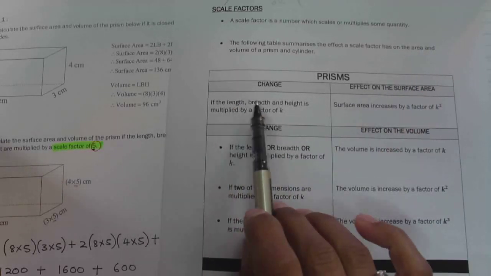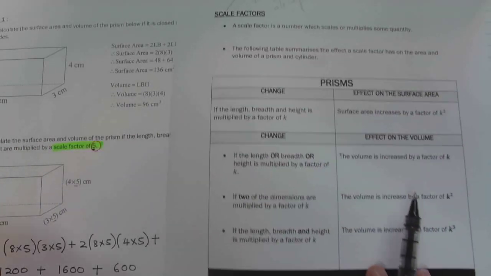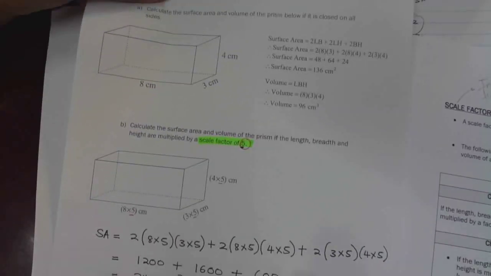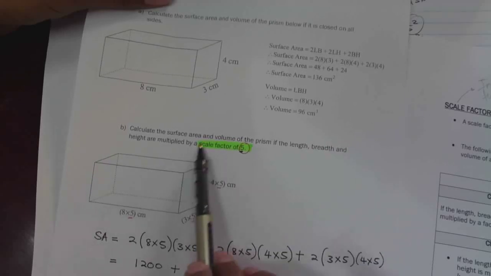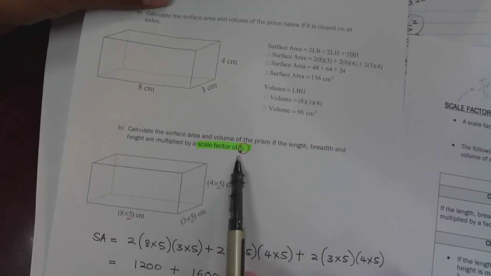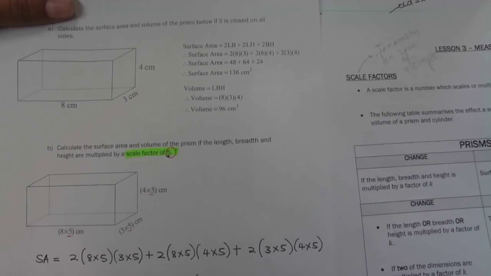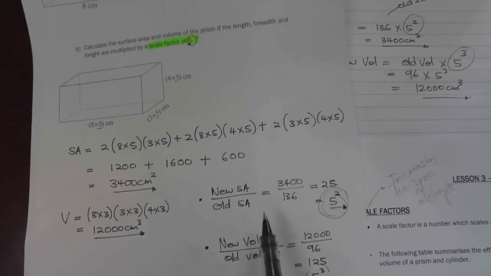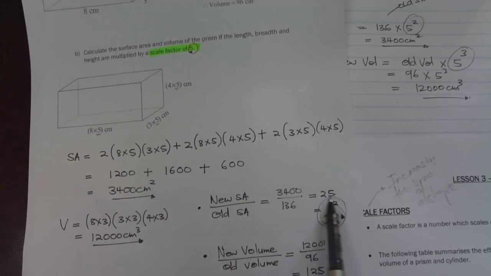If the length, breadth and height is multiplied by a factor of k. So what does that mean? Let's go to this example. Our length, breadth and height is multiplied by a factor of k, and k in this case is 5. What happens? The surface area increases by a factor of k squared. True. You worked out k is 5. Your surface area increased by 5 squared.